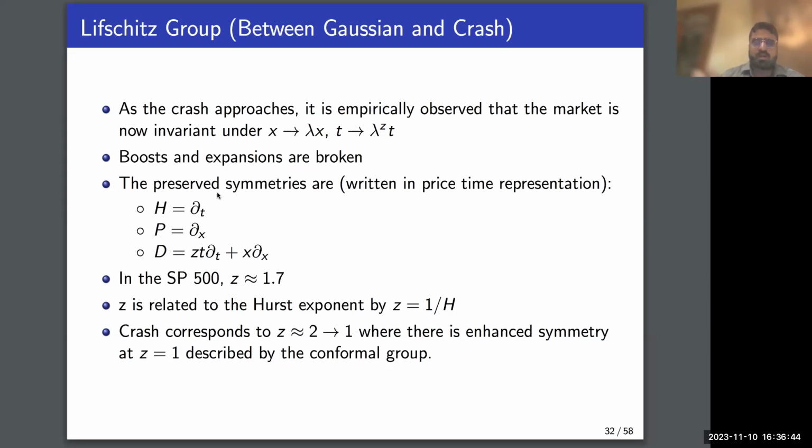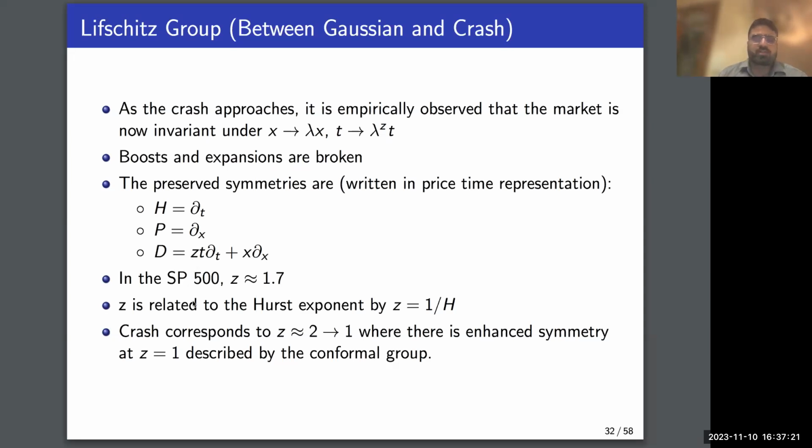And this z now starts deviating from 2, and it becomes smaller and smaller, going towards a value of 1. And when this happens, your boosts and expansions are broken, and the only symmetries which are preserved are your Hamiltonian, which is time translation, log price translation, and this modified scaling symmetry with this exponent z now. Usually for the S&P 500, z is actually not 2, it's around 1.7.